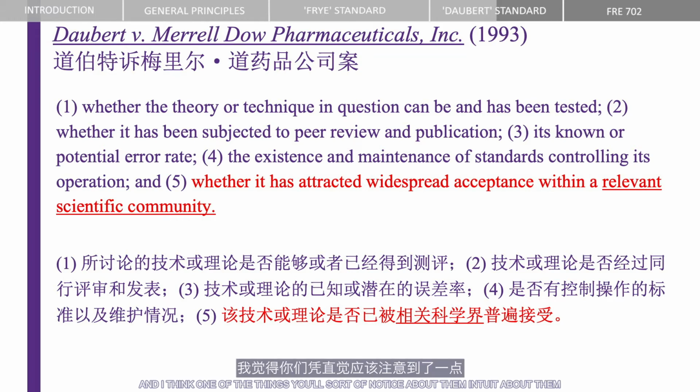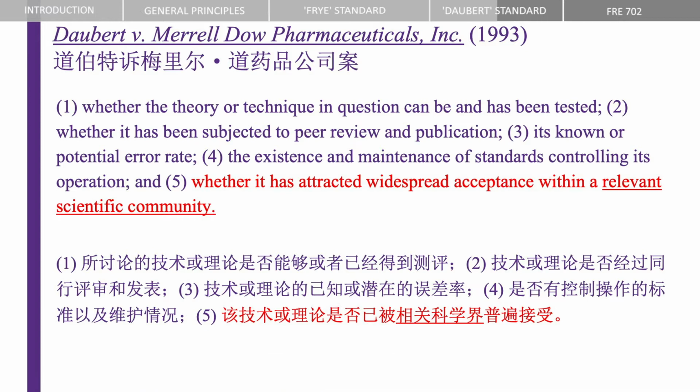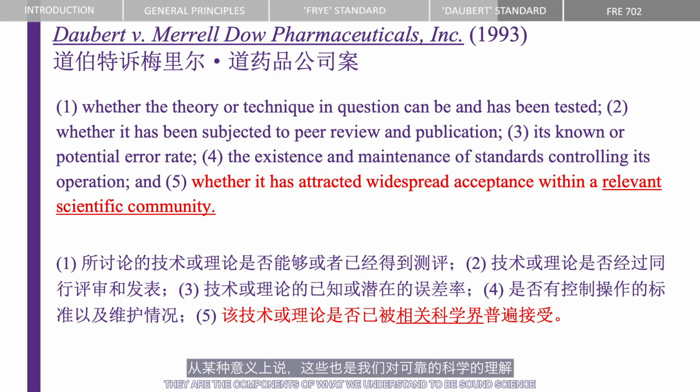I think one of the things you'll notice about them, intuit about them, is that in some ways they are the components of what we understand to be sound science.